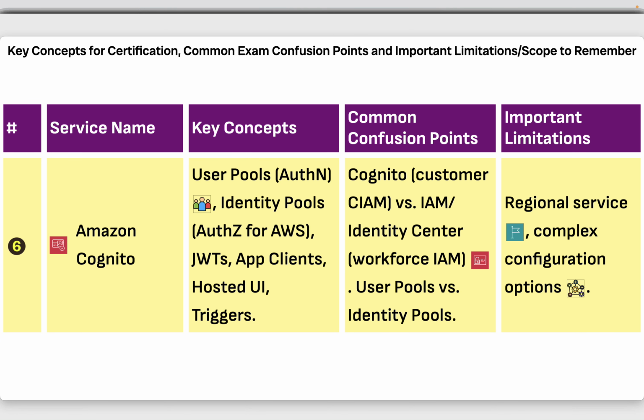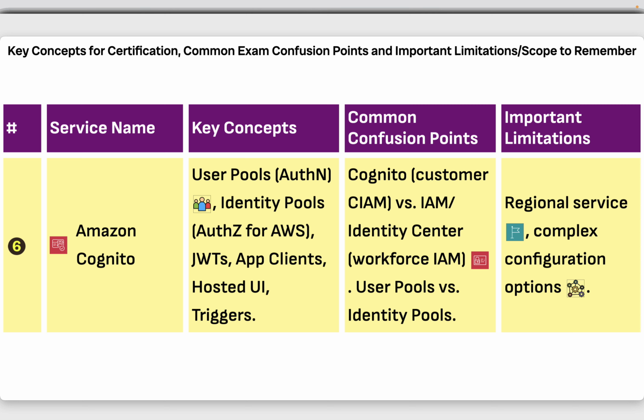Next service, Amazon Cognito. Key concepts are user pools, which is for authentication, and identity pools, which is for authorization. We have JWTs, which is JSON Web Token, application clients, hosted UI, and triggers.